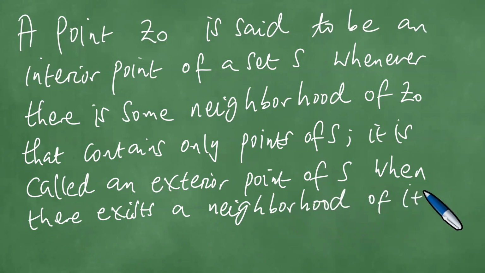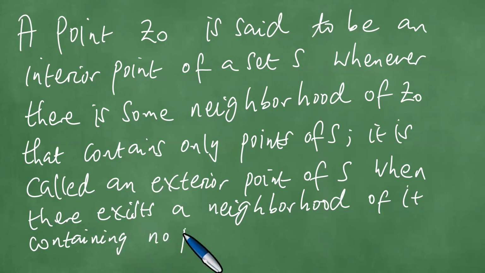We are saying a point Z0 is said to be an interior point of a set S whenever there is some neighborhood of Z0 that contains only points of S.